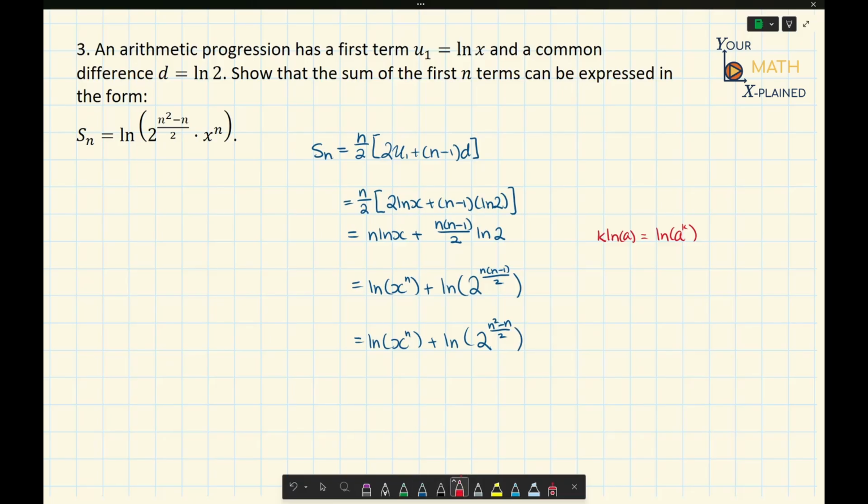And finally, now we're going to apply the logarithm product law, which says that ln of A plus ln of B is equal to ln of A times B. So therefore, this is equal to ln of x to the power of n times 2 to the power of (n squared minus n) over 2. And that is exactly what we're trying to show.